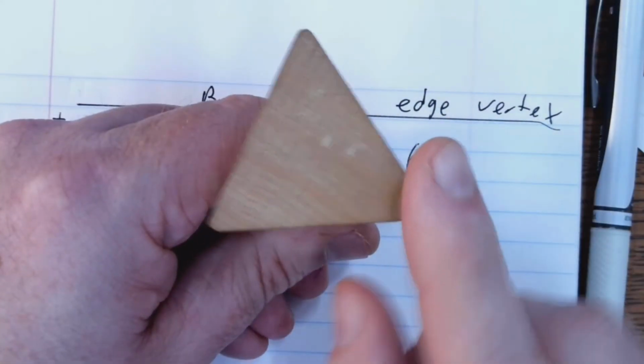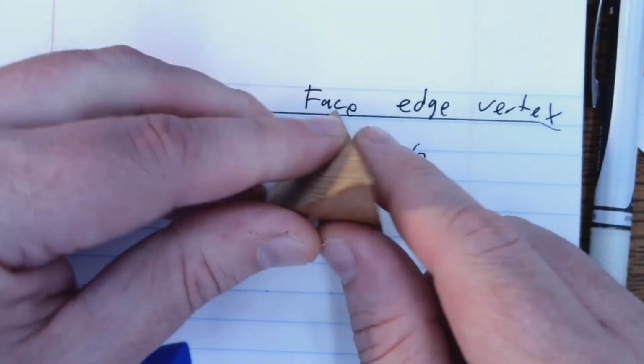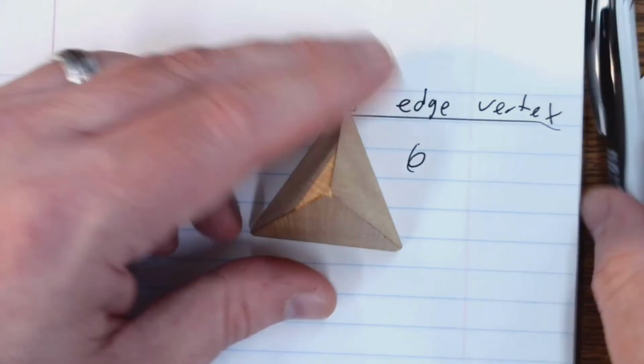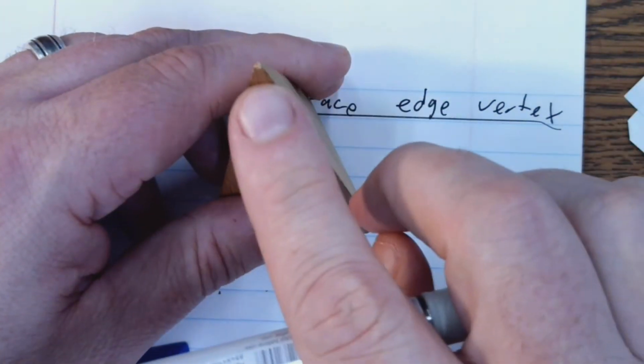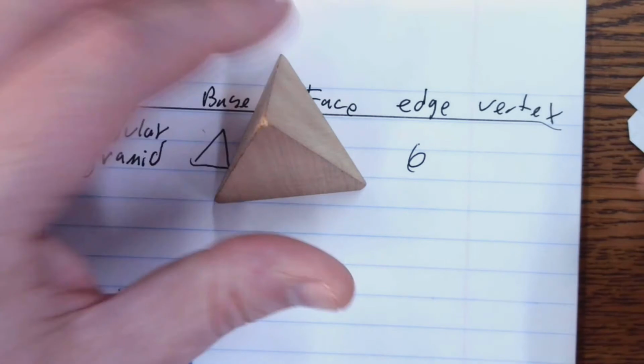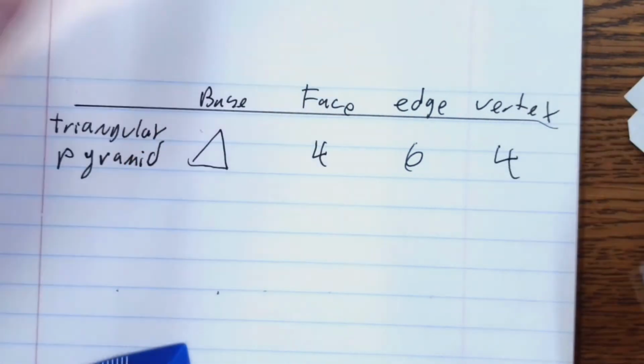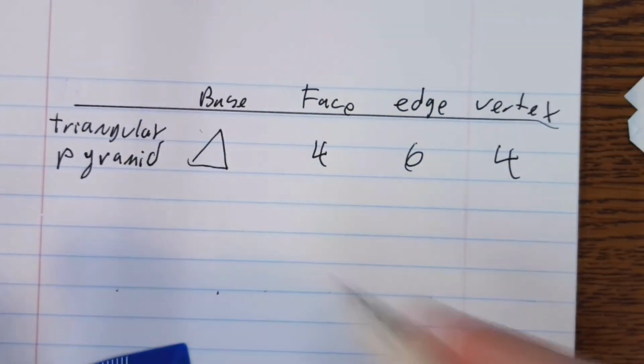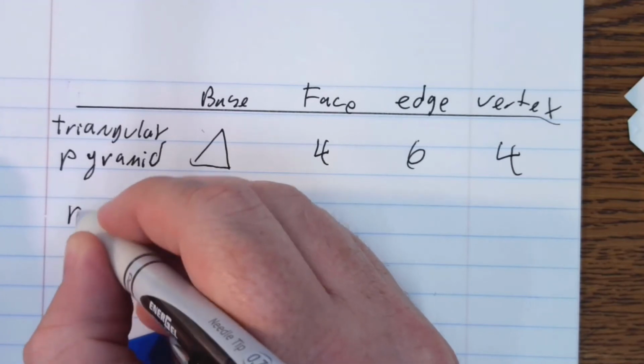Vertex. 1, 2, 3, 4. And my vertex is broken. Someone broke it. It used to be sharp. All right. That's triangle. Let's do the rectangular prism.